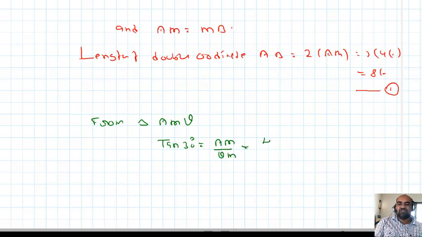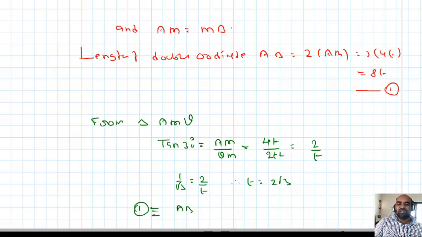AM is 4t, VM is 2t square, that is equal to 2 by t. So 1 by root 3 equals 2 by t, therefore t equals 2 root 3. So AB is equal to 8 times 2 root 3, that is 16 root 3. So we got the length of the double ordinate, 16 root 3.